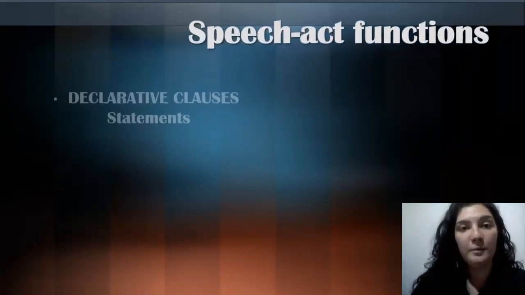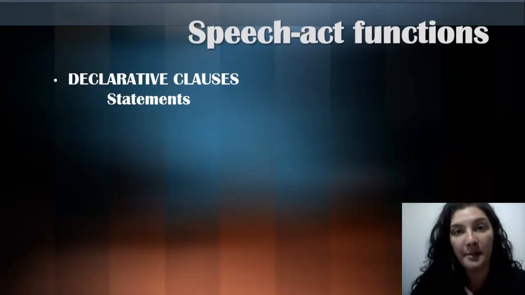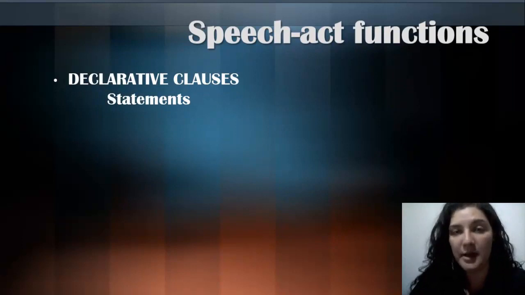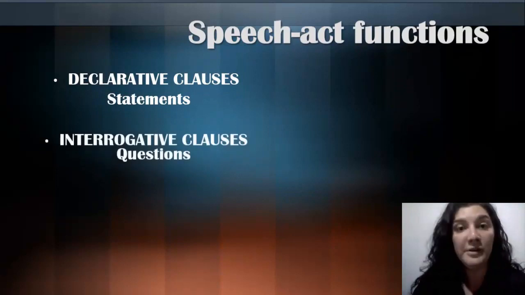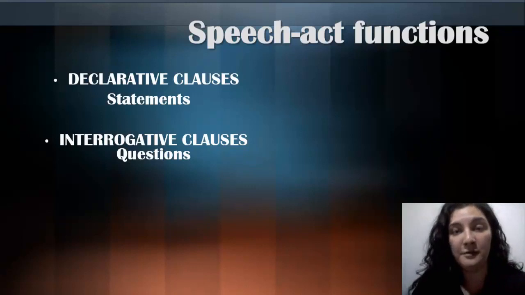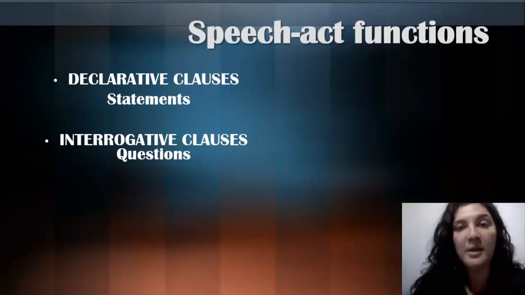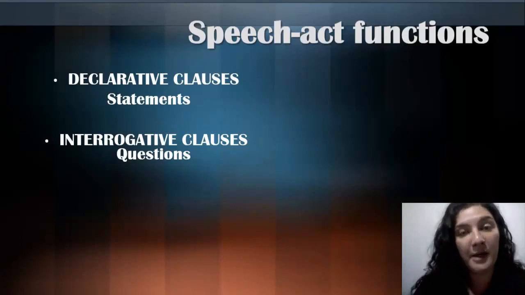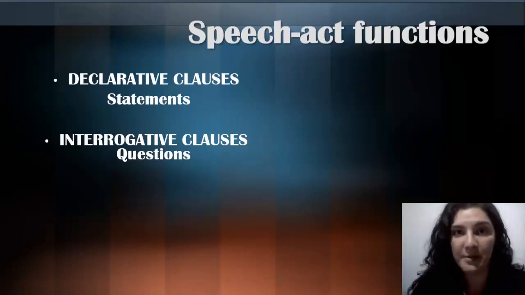In the first place, when we want to inform something or give some information to a speaker, we use declarative clauses and we express ideas by using statements. If what we want to do is to get information or to inquire information from a speaker, we use interrogative clauses and we require that information by using questions.